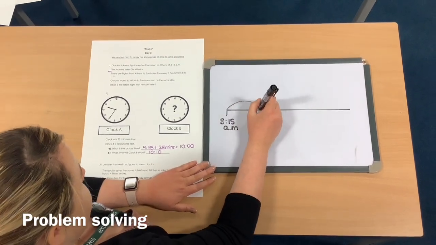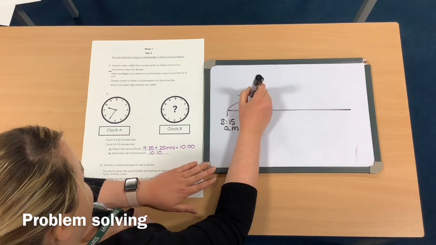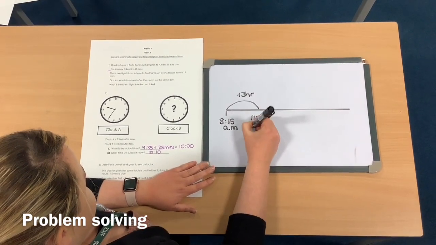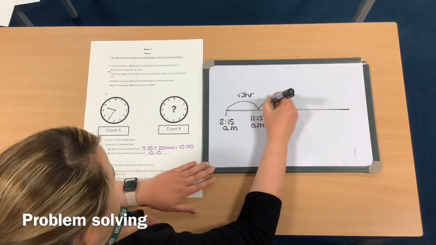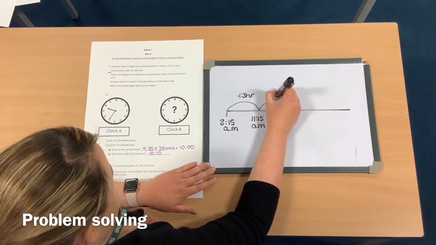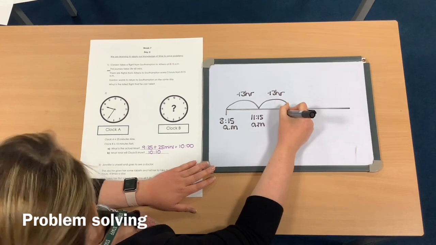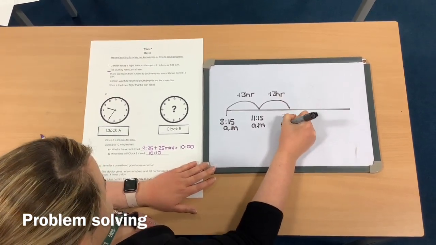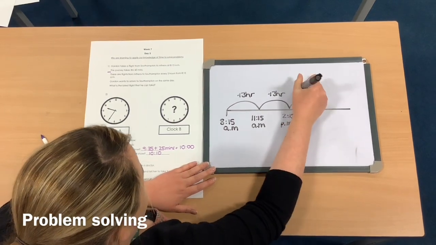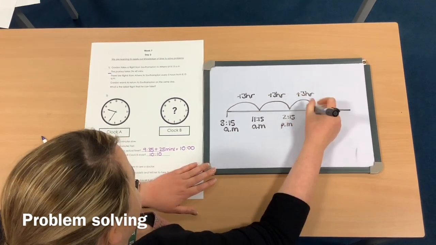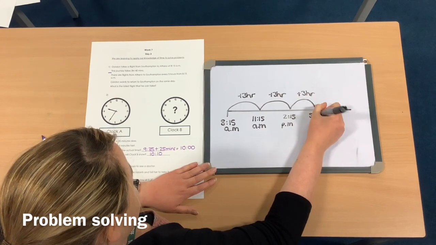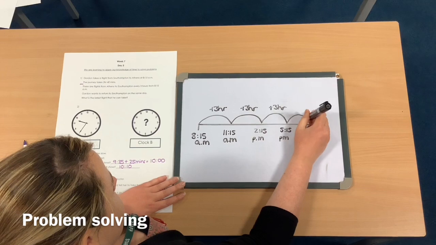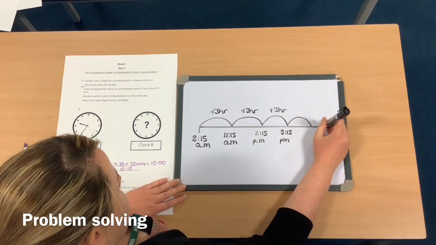So if I add 3 hours first of all, that's going to take me to 11:15 a.m. Once again, add 3 hours will then take me to 2:15 p.m. Another 3 hours, there's another flight at 5:15 p.m. Not sure I've drawn my number line quite big enough.